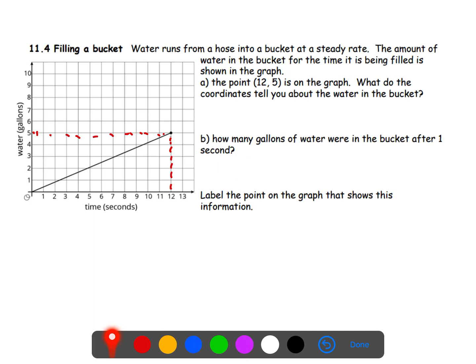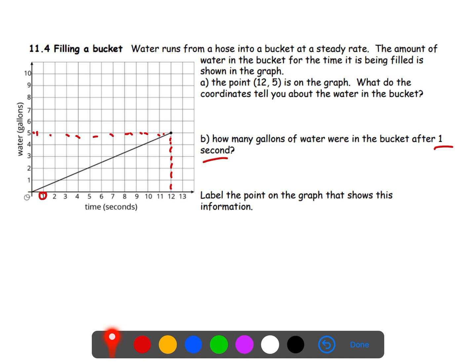Now here's where I would do a little estimating to make sure that I don't make a mistake. If I want to know after 1 second, that's here on the x-axis. And I can see that my amount of water is going to be less than 1 gallon. So when I'm calculating, I want to confirm that I get less than 1 gallon of water as my answer to this.